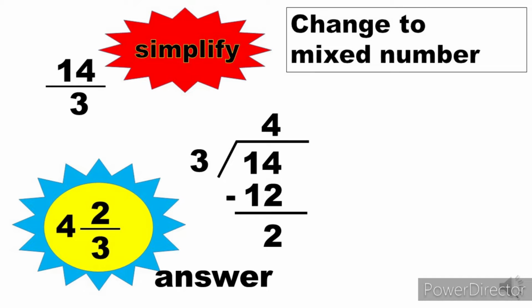Okay, so yung quotient natin, which is 4, yun yung whole number. And then, yung 2 na remainder, gagawin natin siyang numerator. And then, yung 3 sa divisor, gagawin natin siyang denominator. So, equivalent ng 14/3 is 4 and 2/3 sa mixed number.